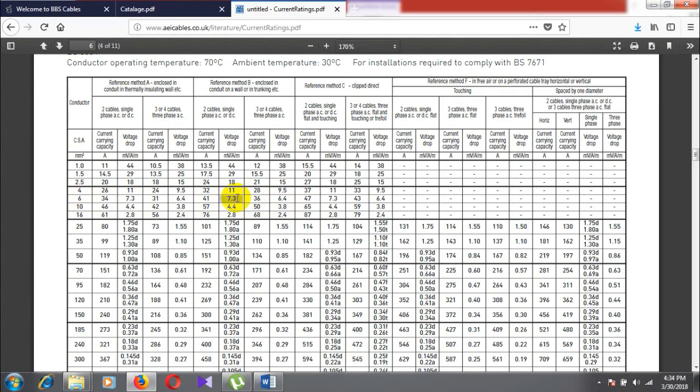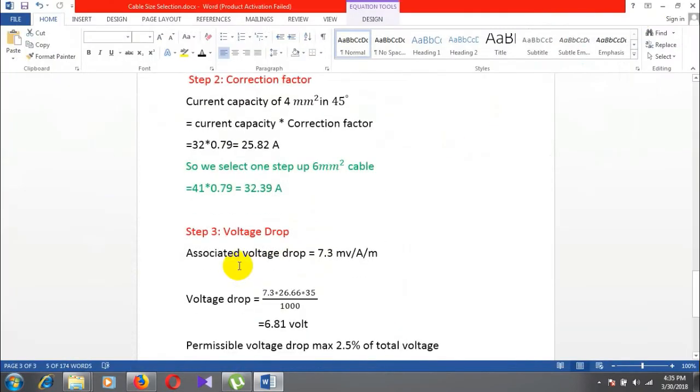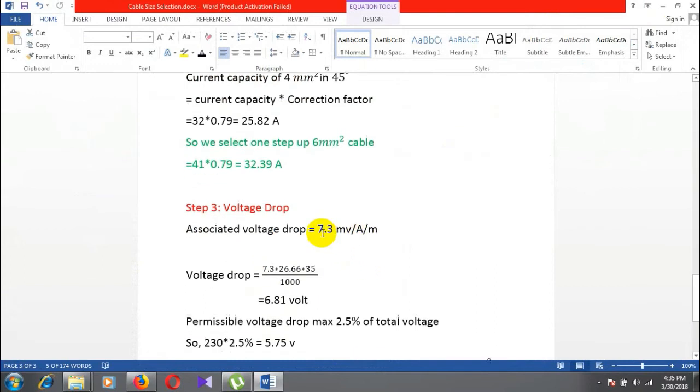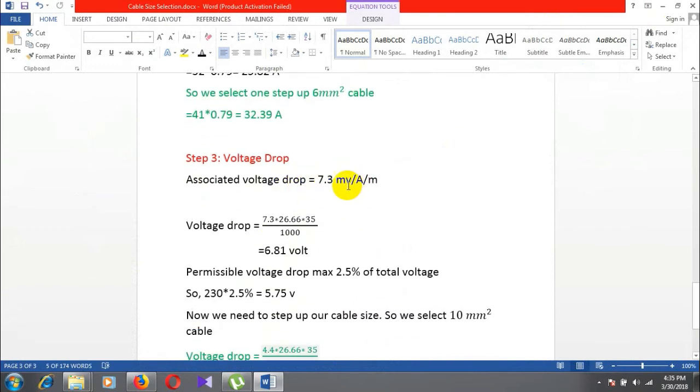7.3 for single phase. So the associated voltage drop we get from the chart is 7.3 millivolt per ampere per meter. So the voltage drop is 7.3 into ampere.